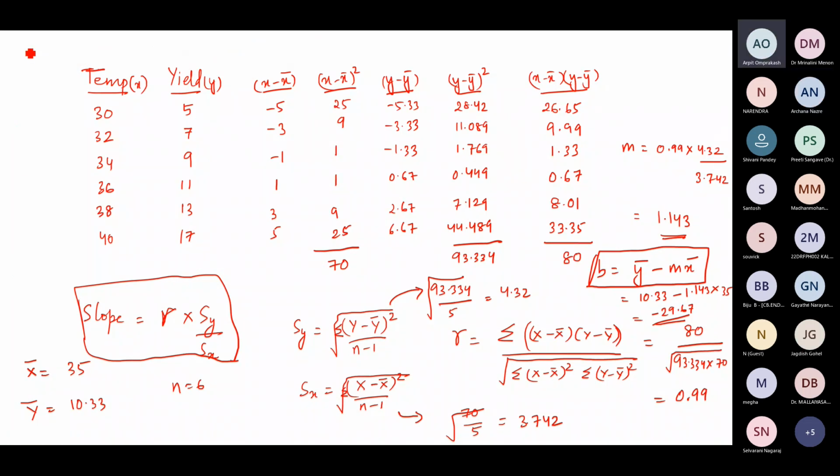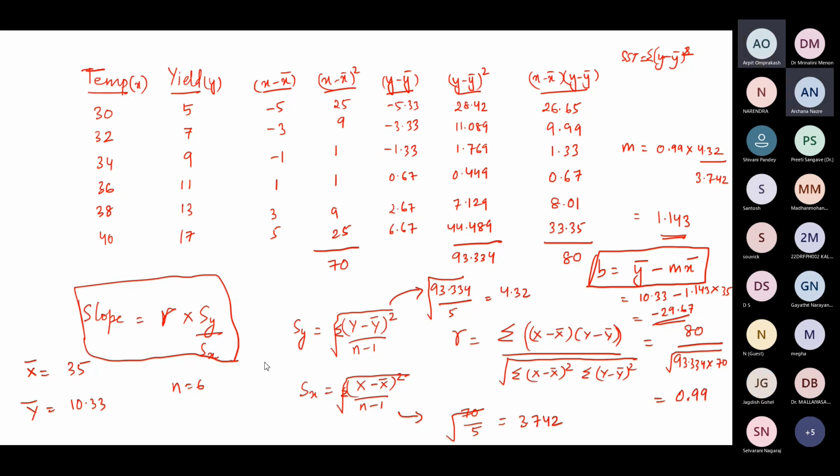The total sum of squares is given by y minus y bar whole square, summation of this. I'm not able to see the screen. If you can open the solution, I will be able to show you. Week 4 assignment, assignment 4 basically. Yeah, I'll share that.